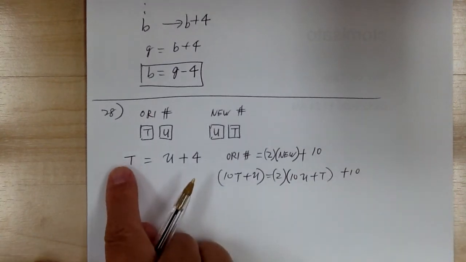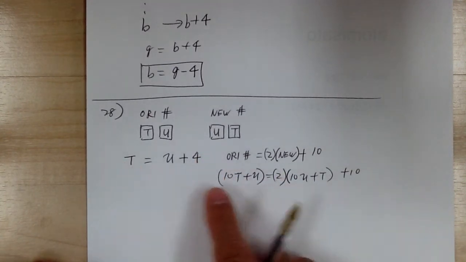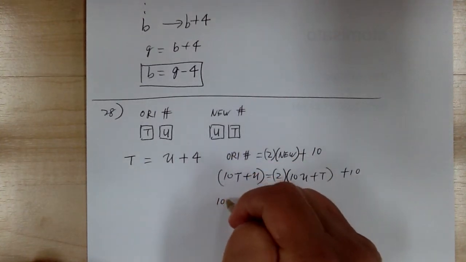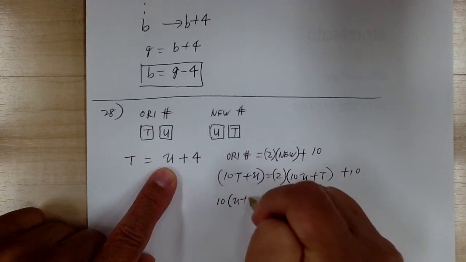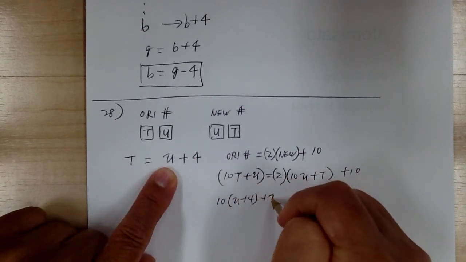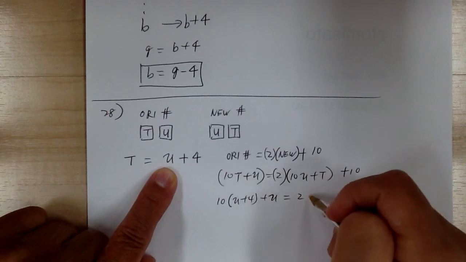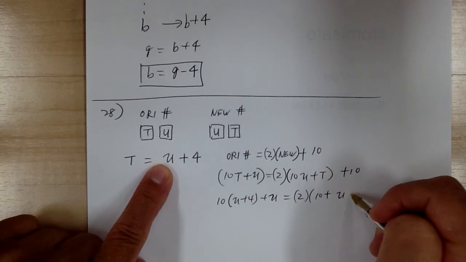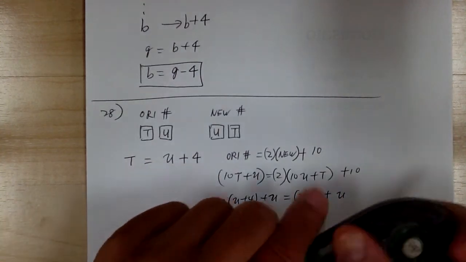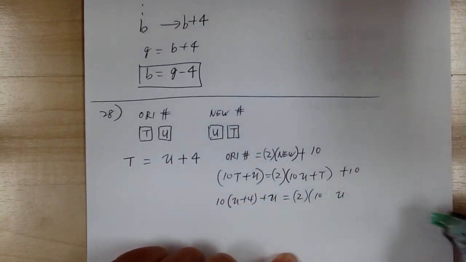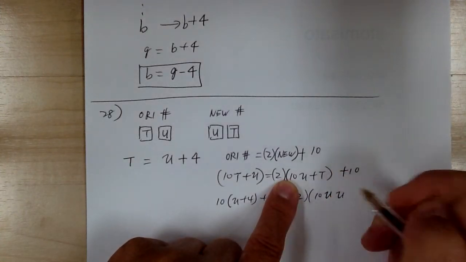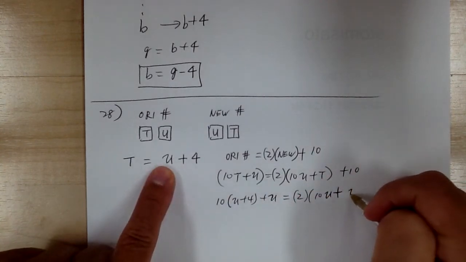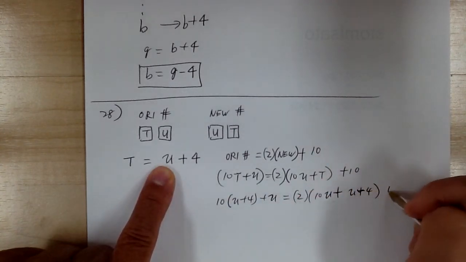Then after that, you can substitute the t in here. So substitute the t into here. So you're going to get 10 times u plus 4 plus u equals 2 times 10u plus t, and t is u plus 4.